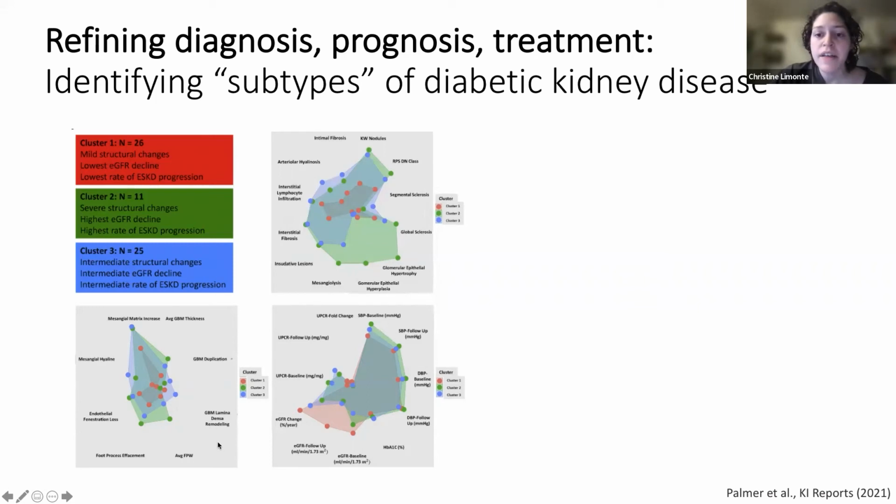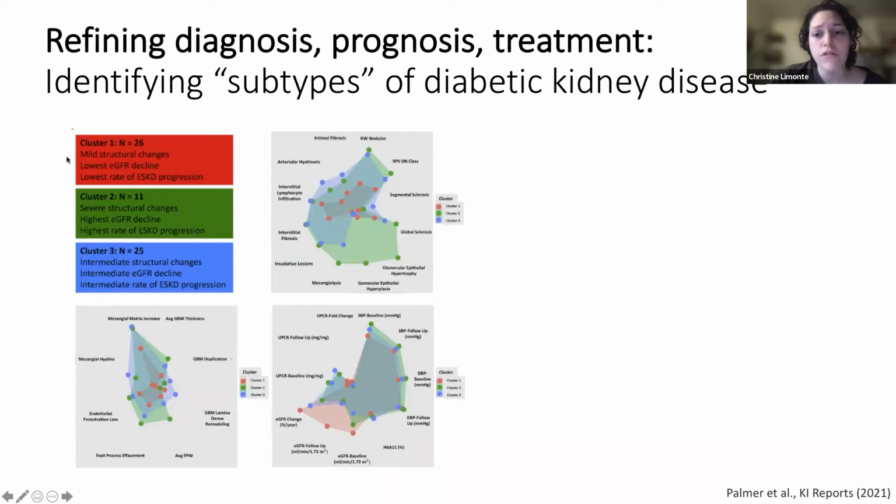And they used an algorithm to cluster individuals based on the combination of biopsy features, as opposed to fitting individuals into a predetermined classification system like the Renal Pathology Society's classification system I'd shown earlier. And this algorithm identified 3 different clusters of individuals.